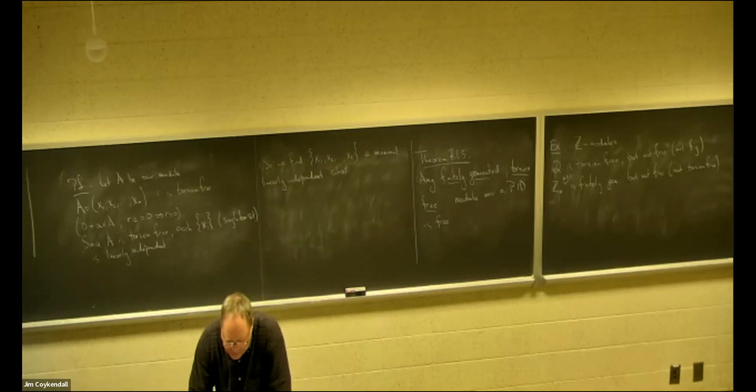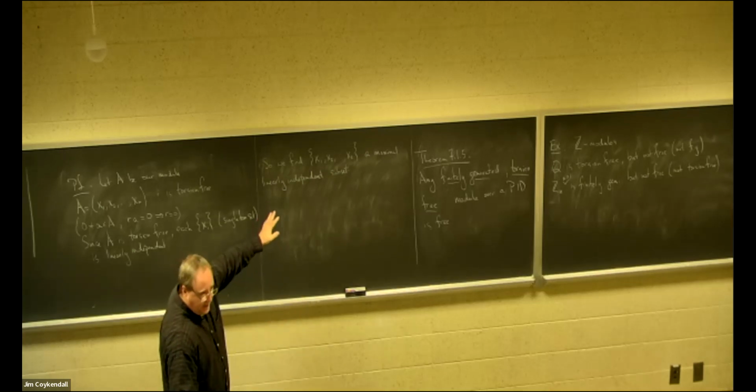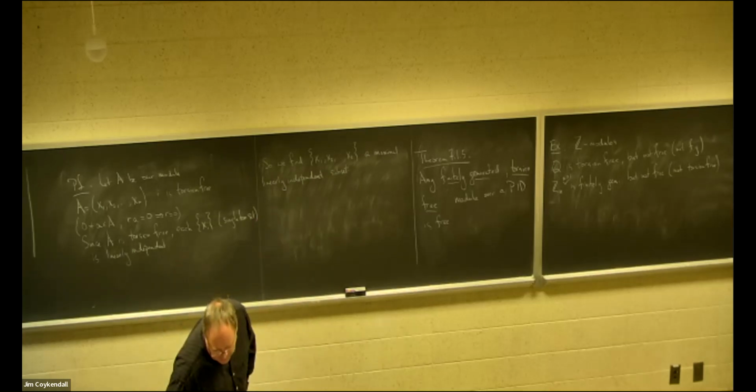With perhaps reordering on my initial numbering if I have to, but without loss of generality, we find this thing. So this, and maybe this is just a singleton, right? But I find the maximal linearly independent subset that I can.